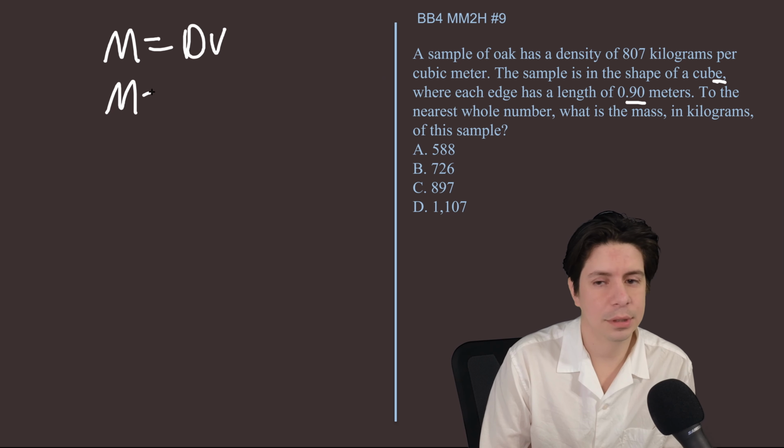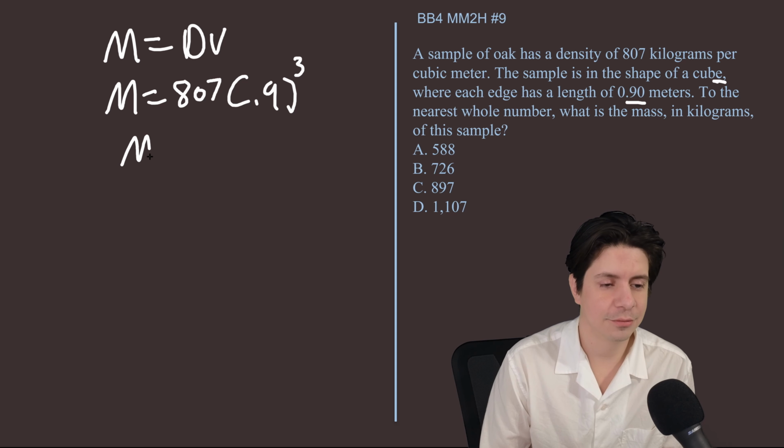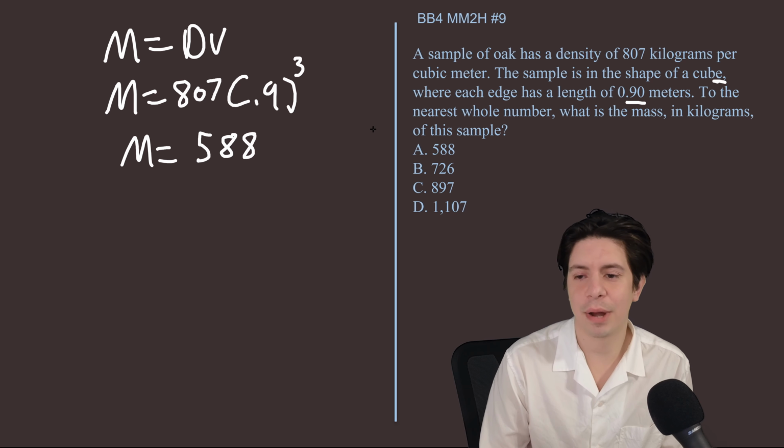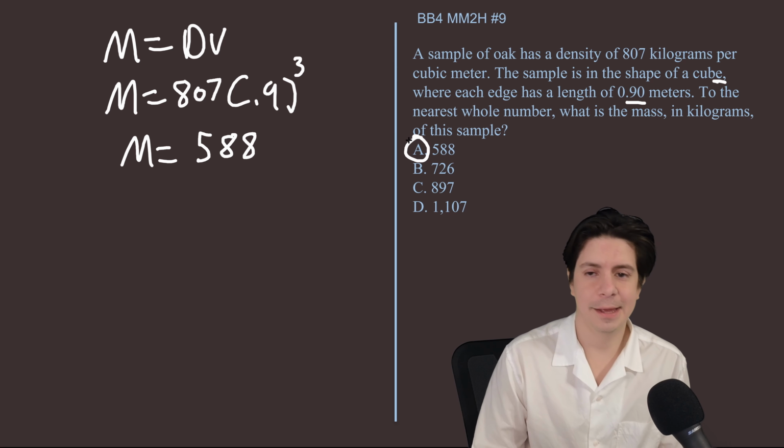So M equals 807 times 0.9 cubed. Plug that into Desmos or into any calculator. I would use Desmos, and you're going to get 588, I think 0.3, but we're rounding, so it is A.